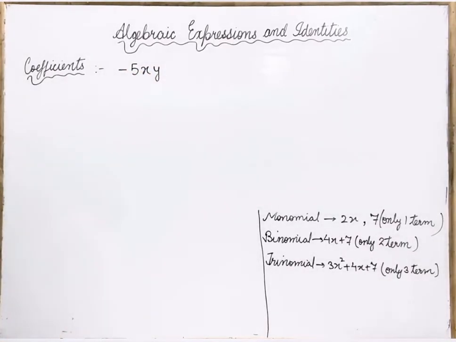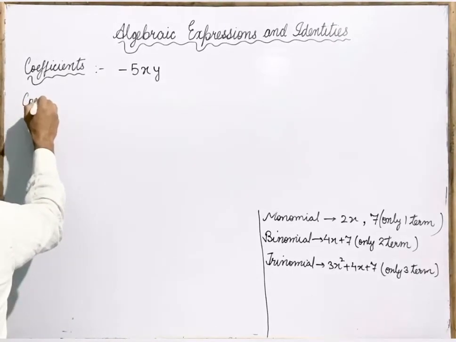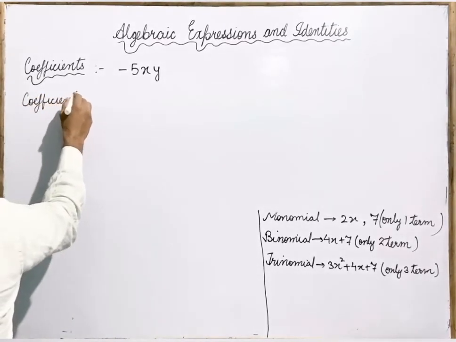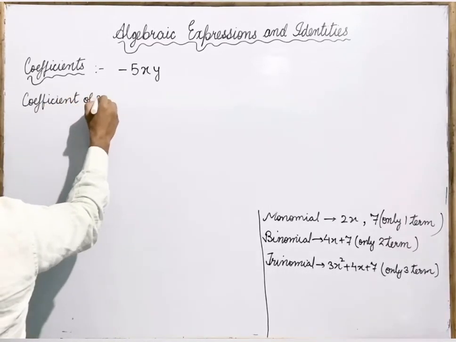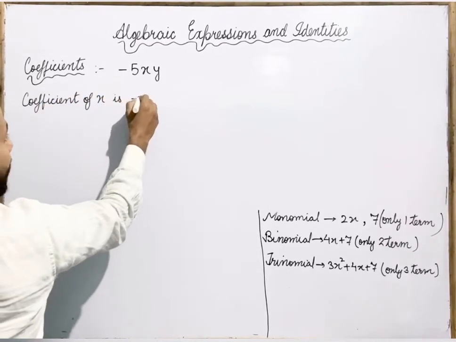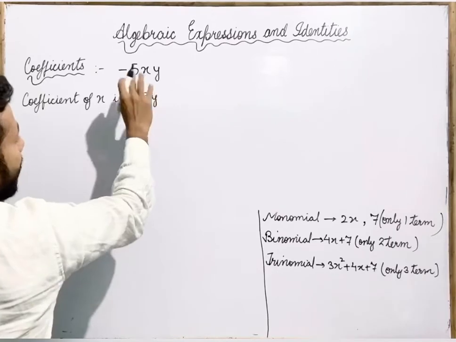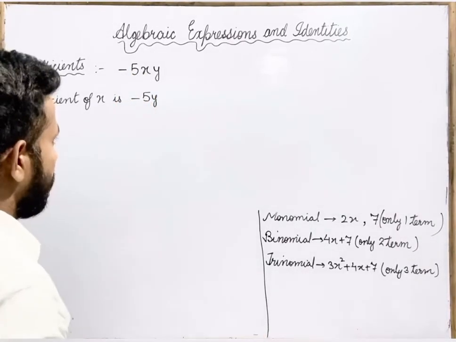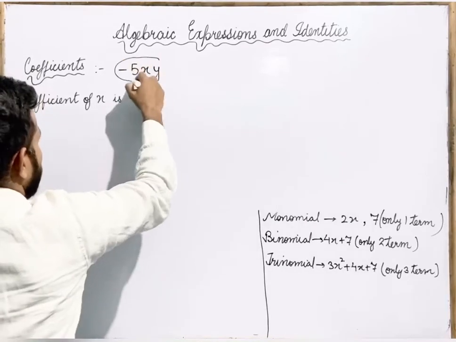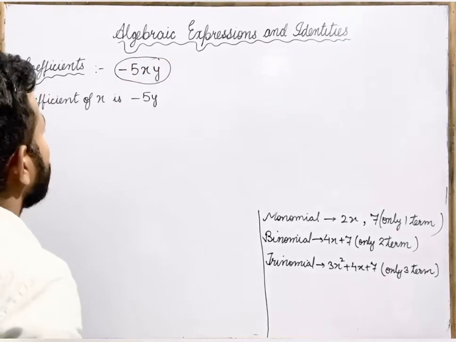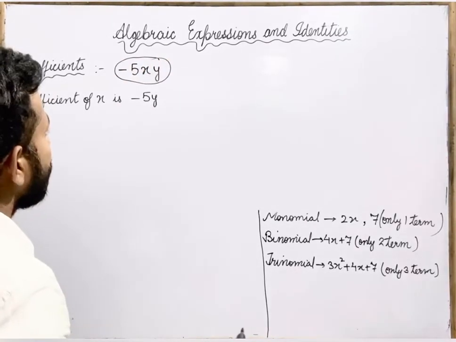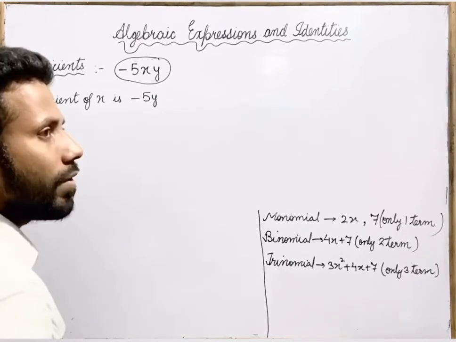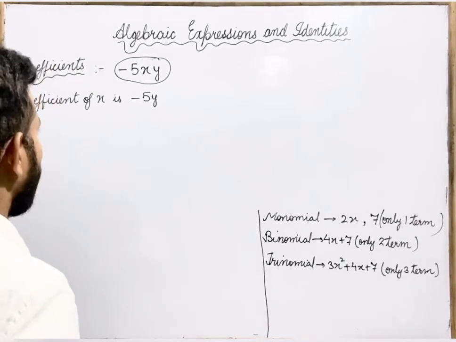And if I ask you what is the coefficient of x? The coefficient of x is minus 5y. Everything other than x in that term. If I ask what is the coefficient of x, everything along with the sign excluding x is the coefficient.